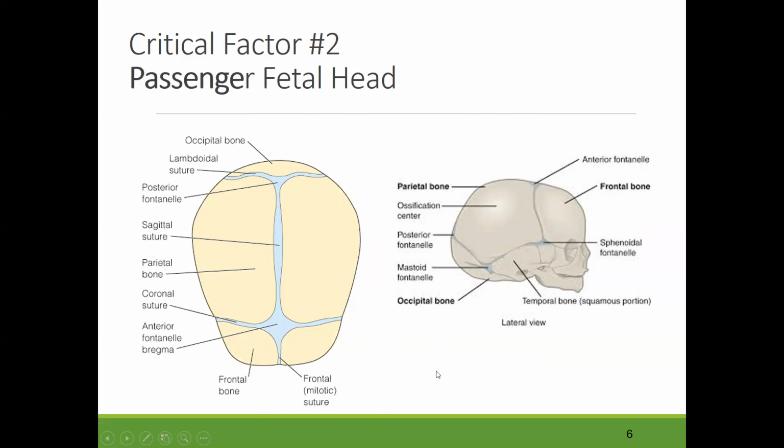Now those bones are not fused, so the head can adjust in shape and overlap. It'll actually completely overlap as it passes through the pelvis. And when the bones overlap, we call that molding. That's where you get the baby who's got kind of the cone head that's really oblong in shape. It's because these bones can actually overlap on one another to help baby come through that birthing canal or the pelvis.